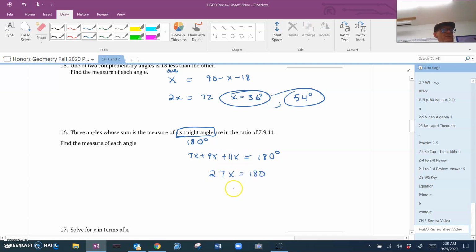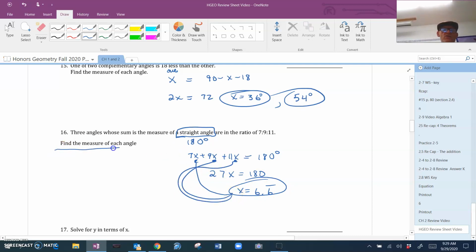So what you have to do is divide, and you will get 180 divided by 27. And you get 6.6 repeating. And you substitute this value into this x, and this x to find the measure of each angle. And you can check the answer key for that.